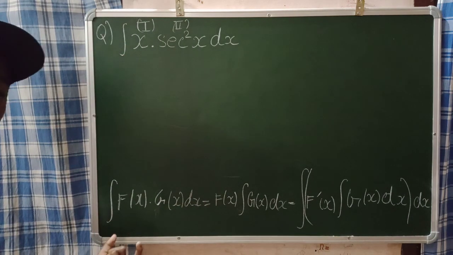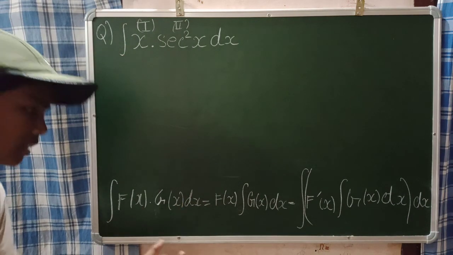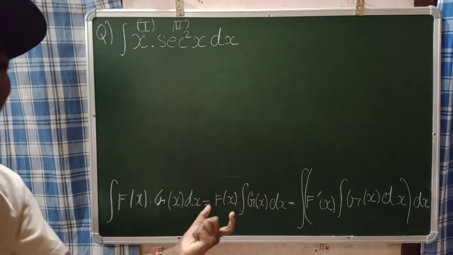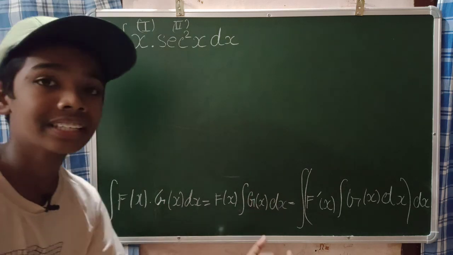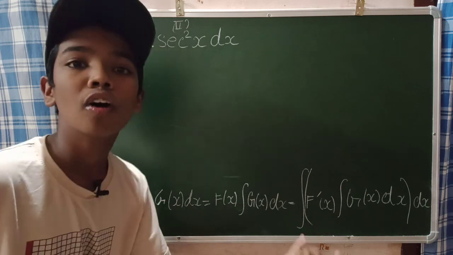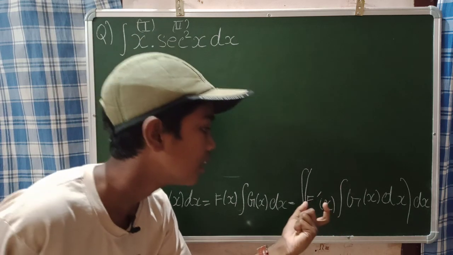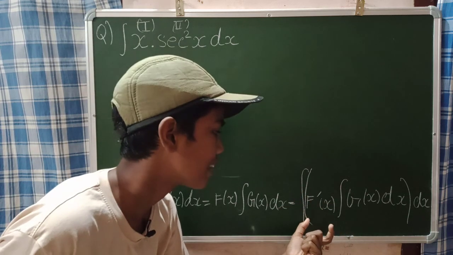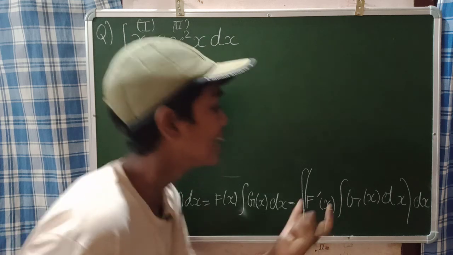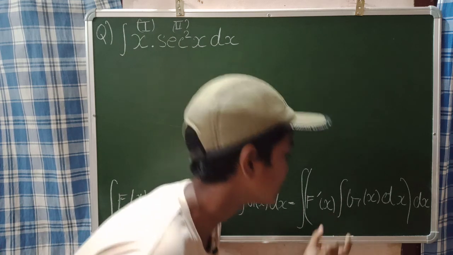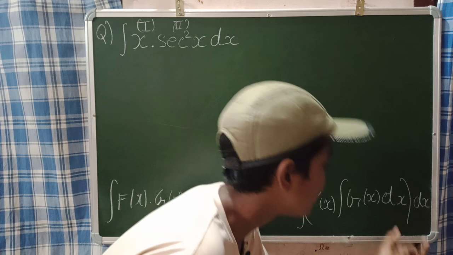So the integral of f of x into g of x dx can be written as f of x into the integral of g of x dx, then minus the derivative of the first function, which is the differentiation of f of x, that is f dash of x, into the integral of the second function, which is the integral of g of x dx.